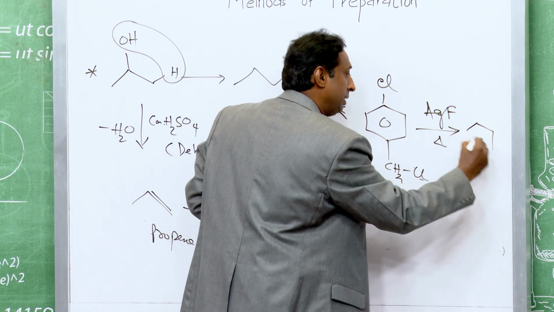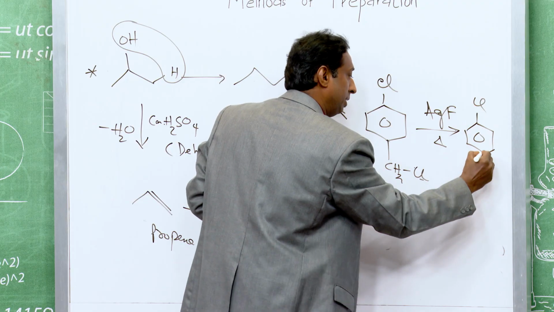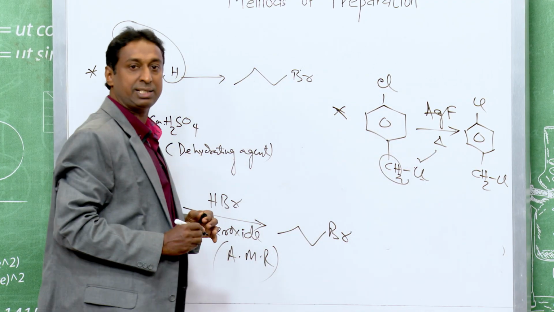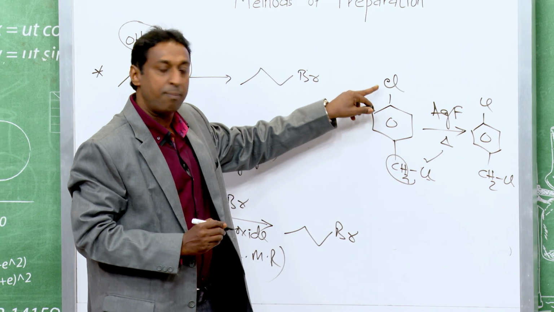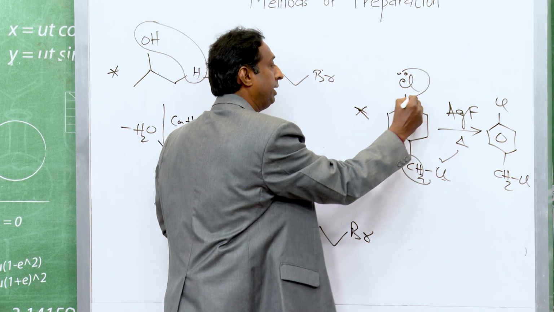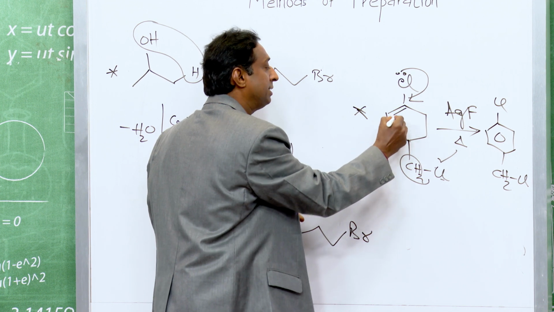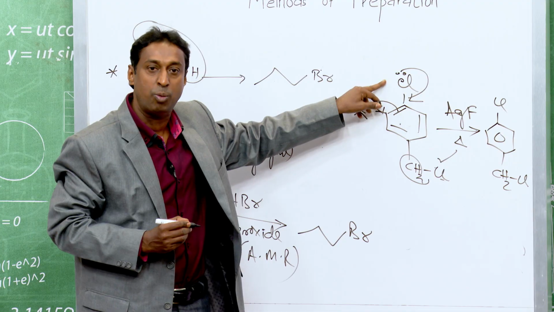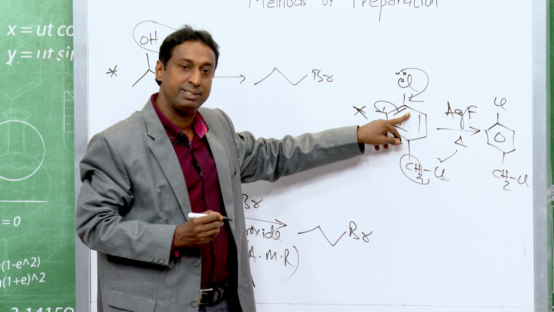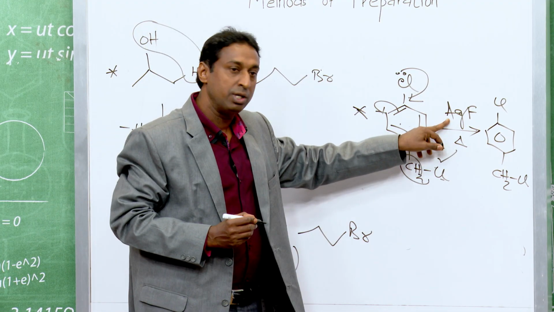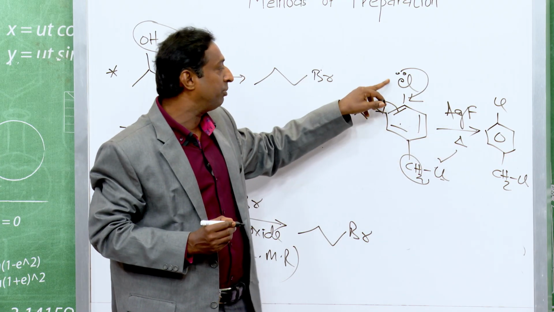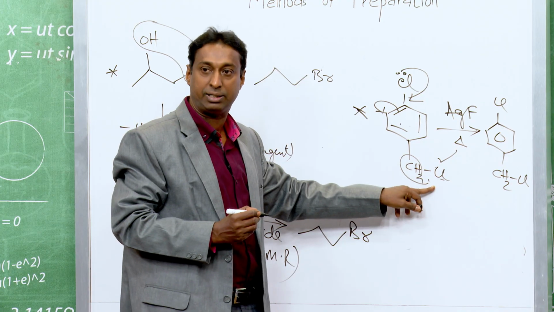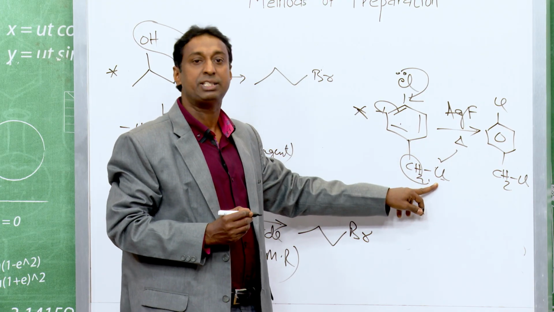Then, remember, you get this one. The chlorine atom attached to the CH2 group is going to be replaced, but not this chlorine on the ring, because this chlorine undergoes resonance with the benzene ring system. So, this chlorine is not going to be removed due to its conjugation with the benzene ring system. So, when you use the Swarts reaction, you cannot remove this chlorine, but you can only remove the other chlorine, which is a free chlorine atom outside the benzene ring system.